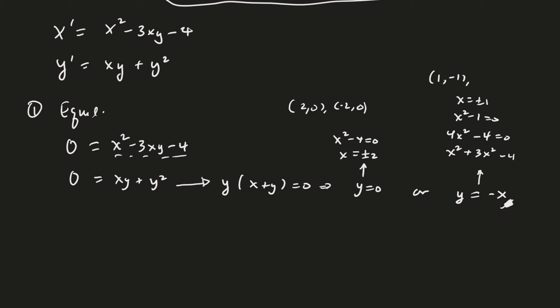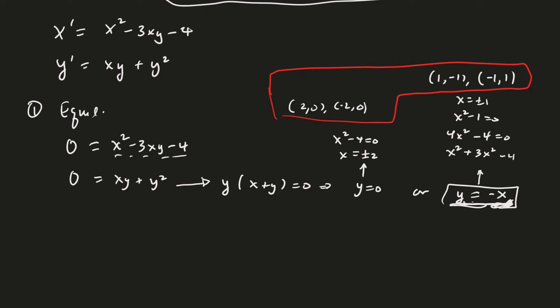And if x is minus 1, then y is positive 1. And so therefore, we see that there are how many equilibrium solutions? 4. Good. So we're going to be analyzing this system of differential equations around all 4 equilibrium solutions.